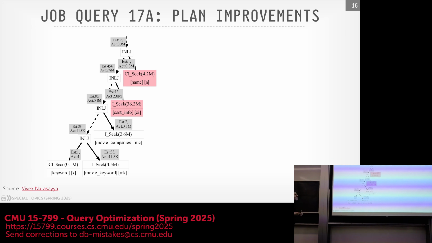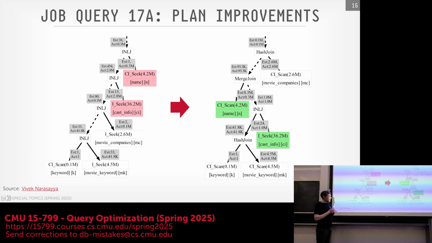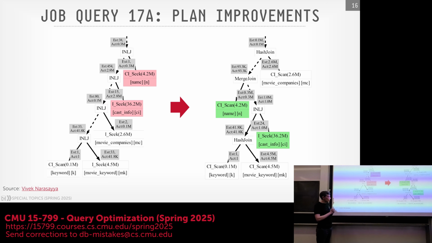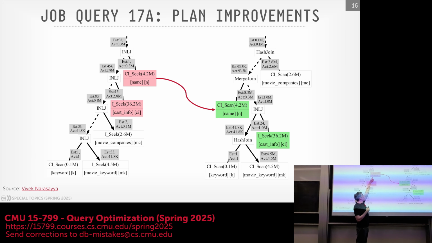All right, so if we now inject the true cardinality estimates into the query plan, using that method where they're hashing it and injecting it into the system catalog and the query optimizer, this is what changes for this particular query. The first thing to point out is that we had this seek operator.